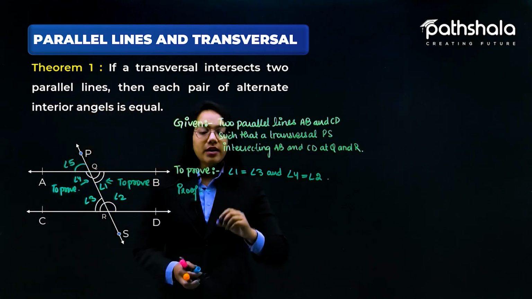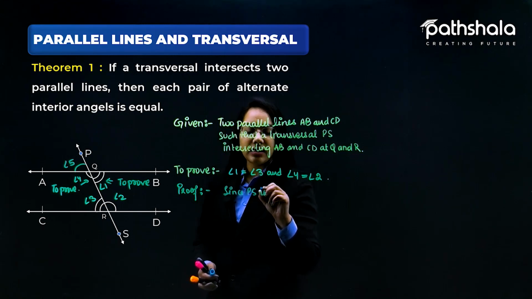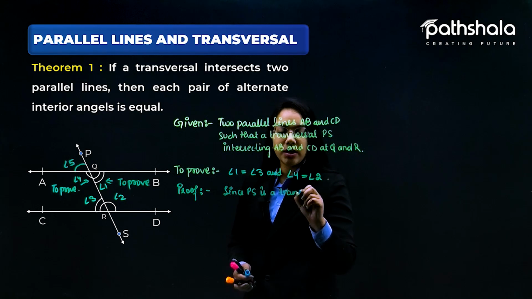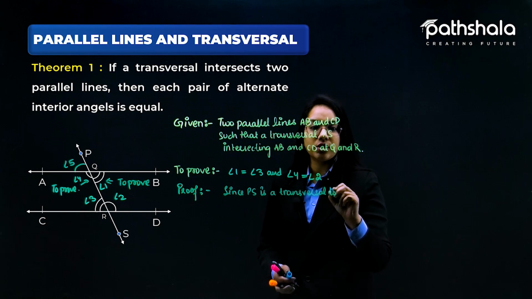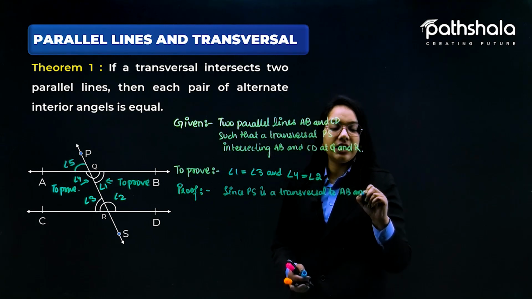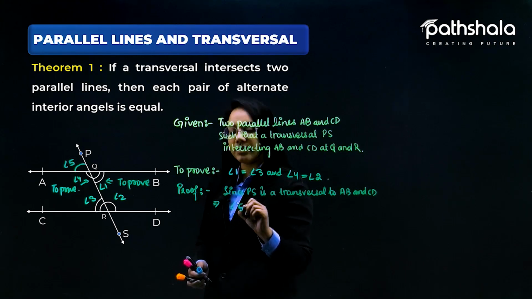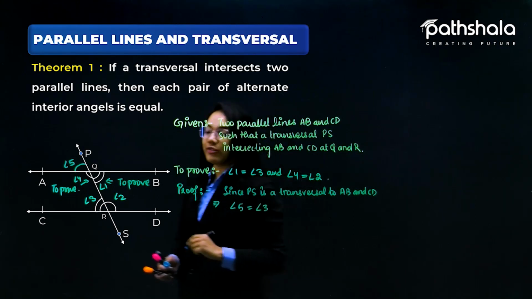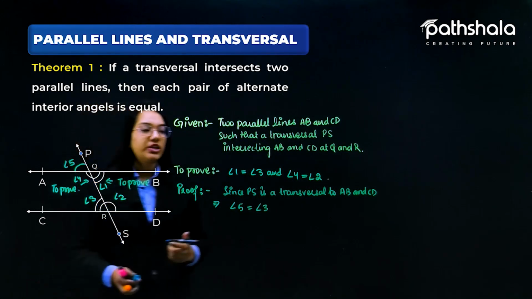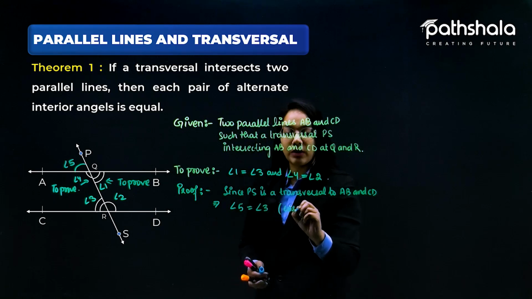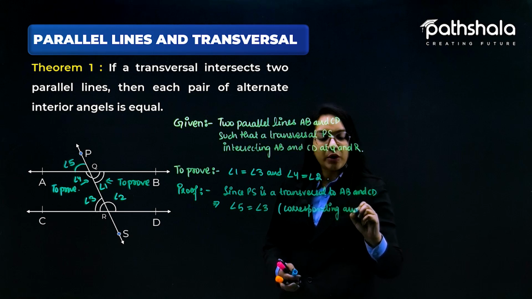Now since PS is a transversal to AB and CD, it implies that angle 5 is equal to angle 3. Obviously, we know that if this is a transversal, then these two angles are equal to each other. Why so? Because they are called corresponding angles.